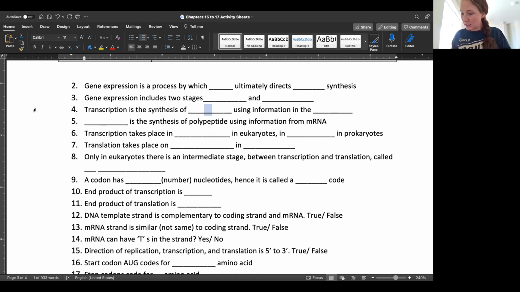Translation is the synthesis of polypeptide using information from mRNA. That's right. It is synthesis of a polypeptide from mRNA, not any other RNA, because only mRNA can be translated.